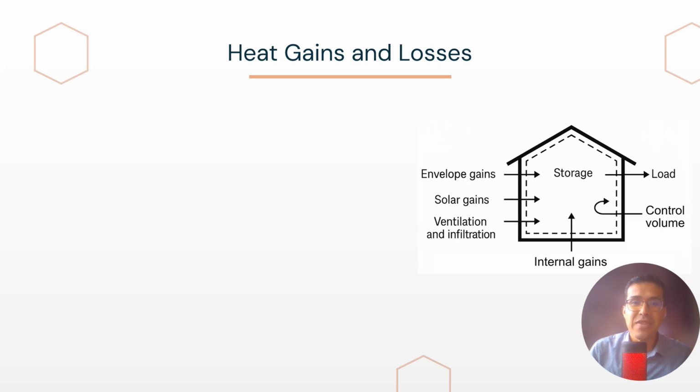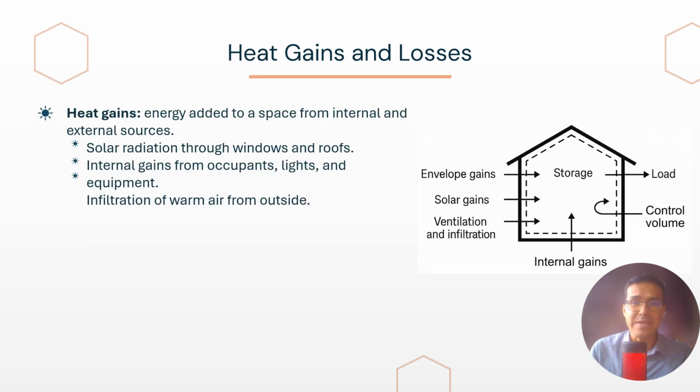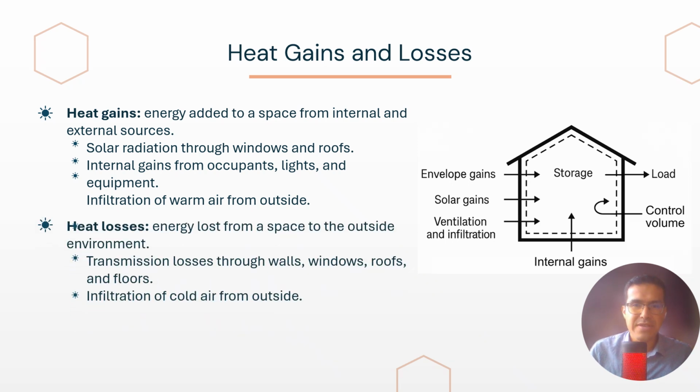In this slide, we examine how heat gains and losses relate to thermal loads in buildings. Heat gains represent all the ways energy enters an indoor space. For example, solar radiation entering through windows, heat from lights and computers, or warm air coming in through cracks and leaks. Heat losses, on the other hand, occur when energy escapes from the building.